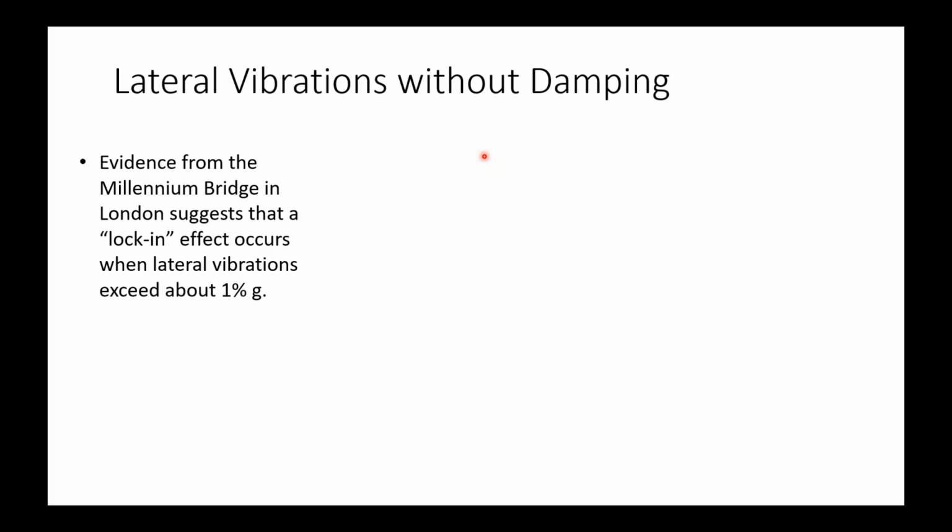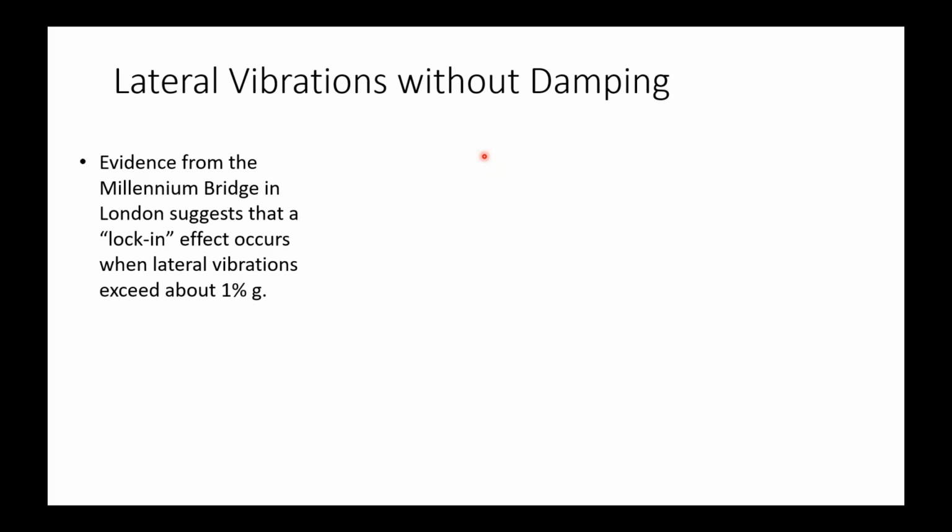As more and more people come on the bridge, that lateral force can start to make the bridge vibrate in the lateral direction. It turns out, based on those studies, that when that lateral vibration of the bridge in its first natural frequency gets to about 1% of gravity, then there's what they call a lock-in effect.